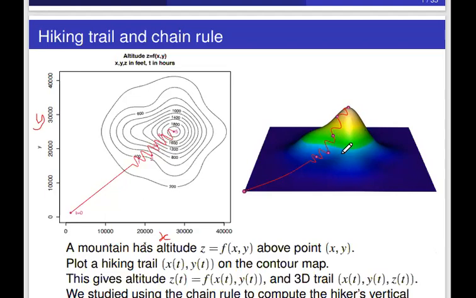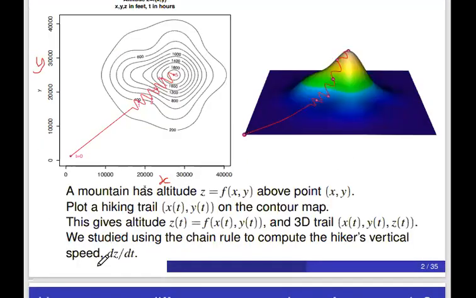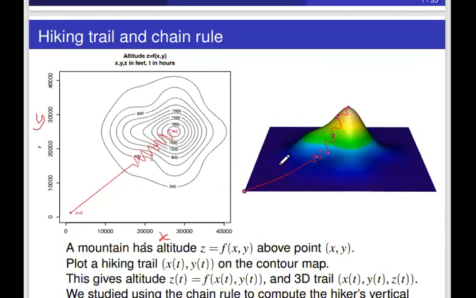So we want to find the speed of this hike in the z direction. So how do you find the speed? We need the speed of this hiker when he is climbing this mountain.